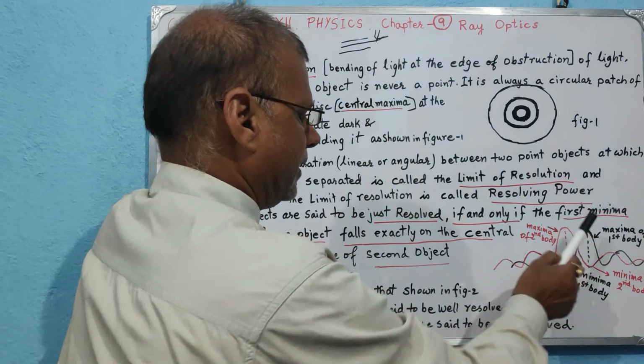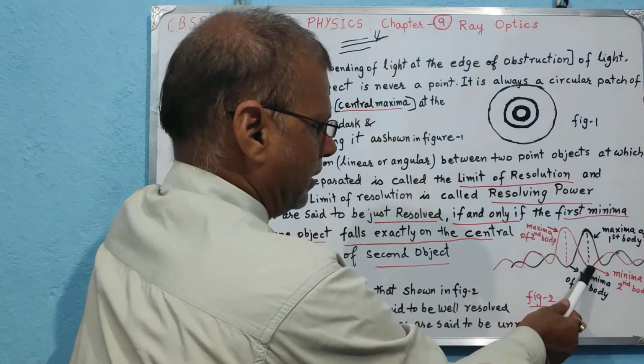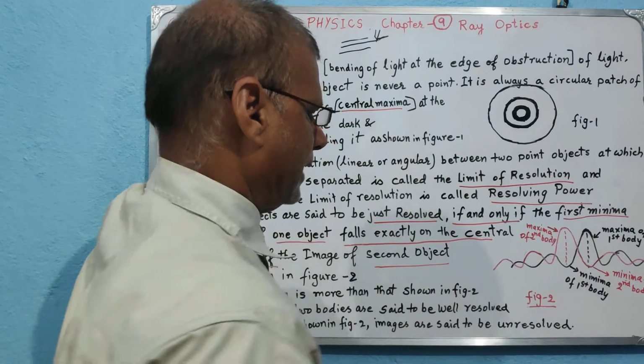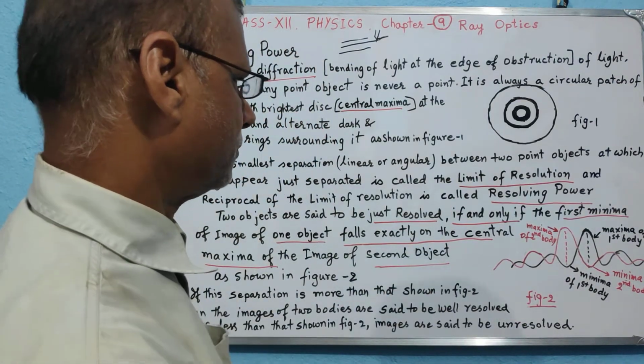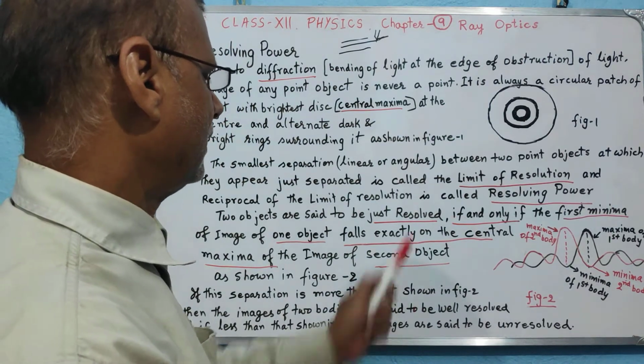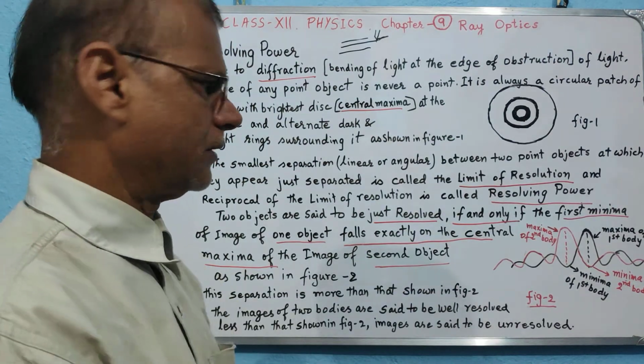Here you can see different locations, meaning the minima of one falls on the maxima of another. Then the two bodies are said to be just resolved, and this is called the limit of resolution.